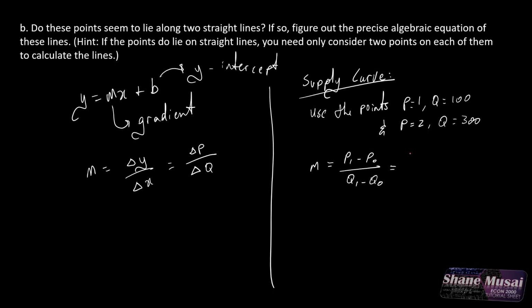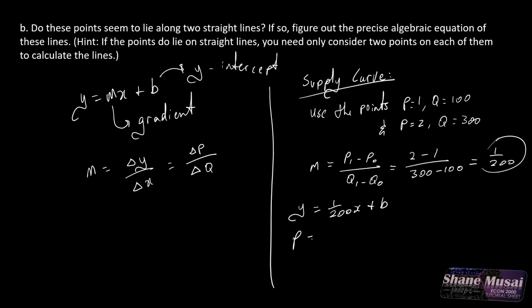So 2 minus 1 all over 300 minus 100, and this will give us 1 over 200, and this is the gradient for your supply curve. So your supply curve would take the form of y equals 1 over 200 x plus b. But remember, on the y-axis we have price, and on the x-axis we have quantity. So this is price equals Q over 200 plus b.